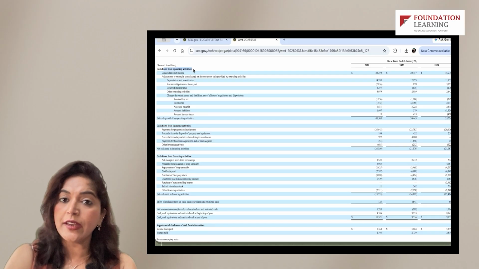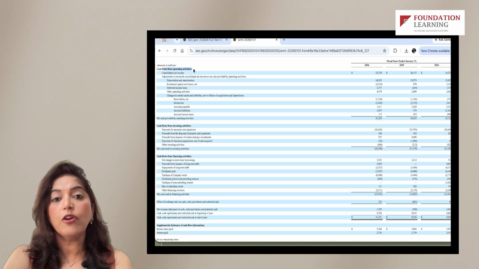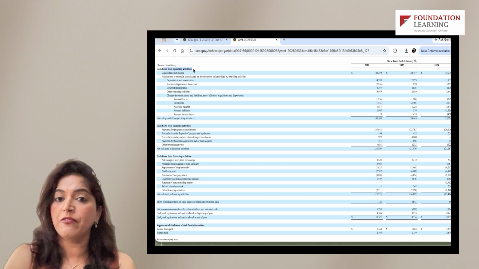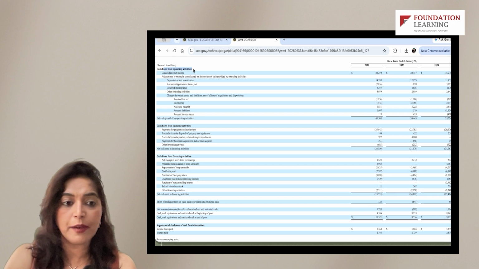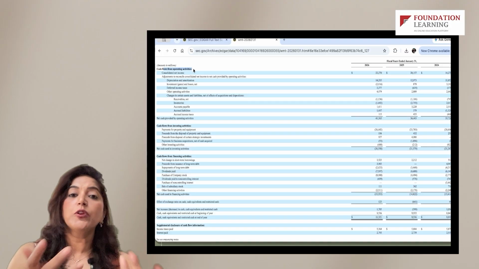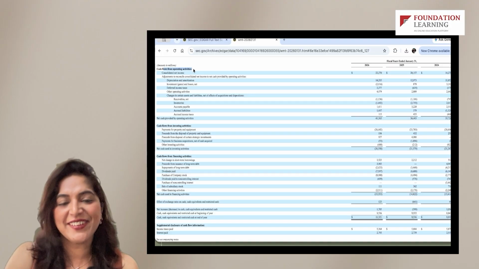If you are not generating a net inflow from operating activity, the company is very soon going to close down. Very soon the company might turn bankrupt because it does not generate cash flow from operations. What would be the future of a company if it cannot generate cash flow from its operations, right?